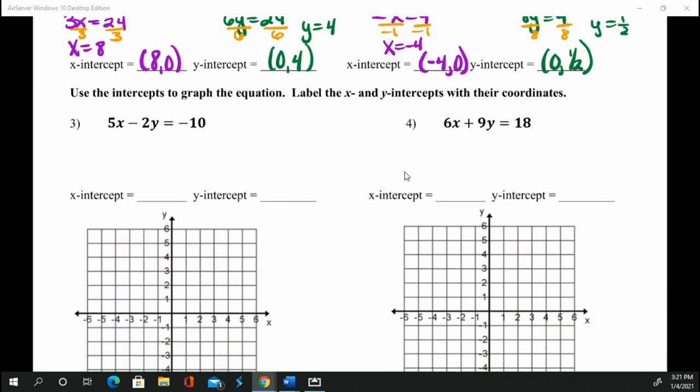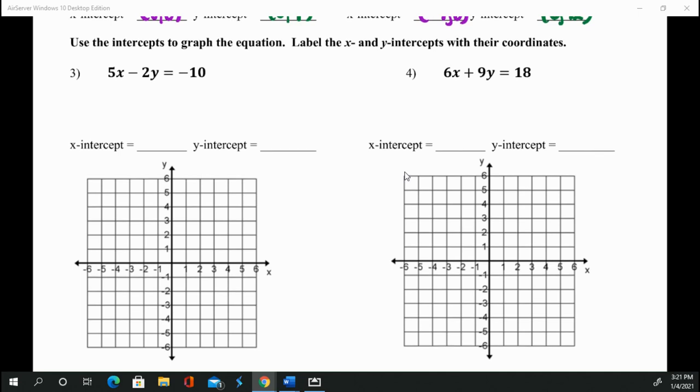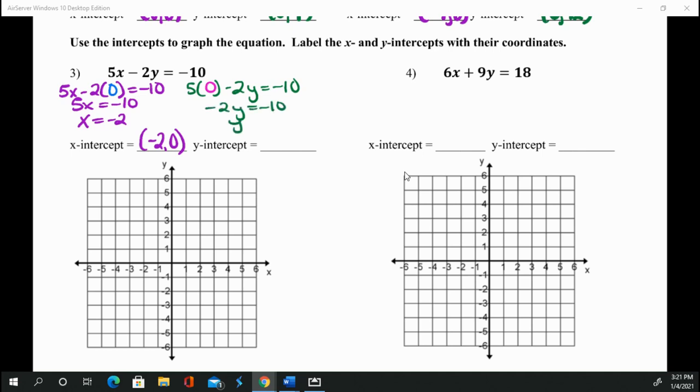So now let's find the x and y intercepts and then graph. So the y-intercept is the point (0, 5), that's my mistake.